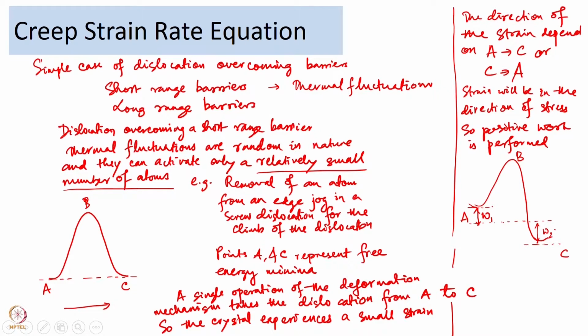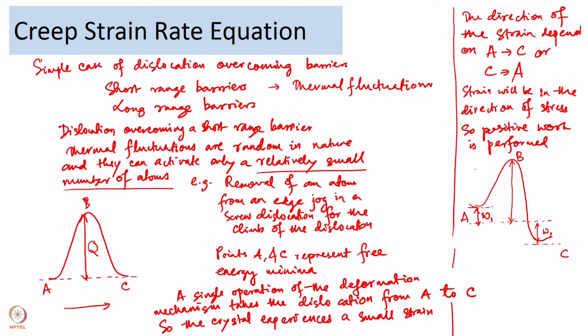To go from A to B, there is an energy barrier, and let us define it as Q. Because some work is being performed by the application of a stress, Q remains the same, but the activation energy barrier for moving from A to B is going to come down.